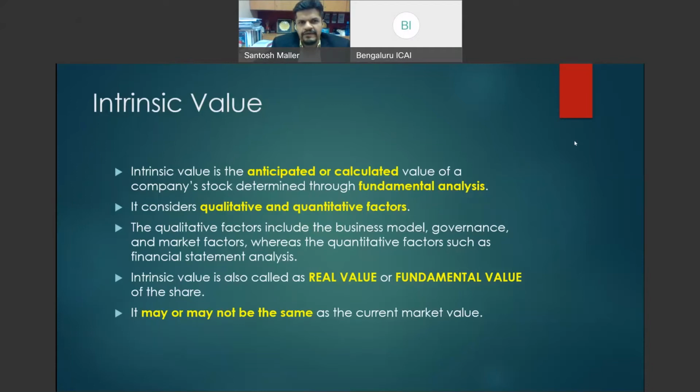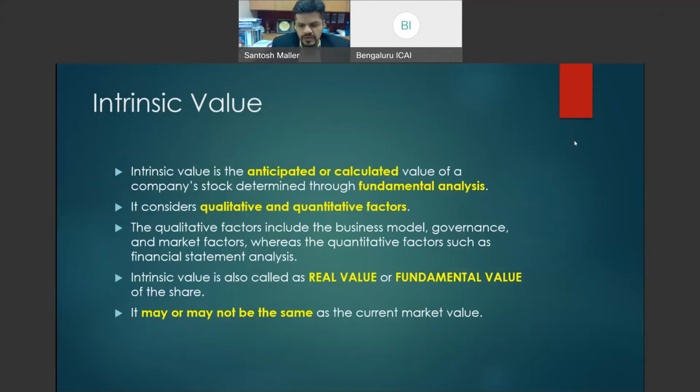Or let's say you are valuing a car company today, a motor vehicle car company, and you know for a fact that there is a shortage of semiconductor chips in the market today, because of which you may have the capacity and the market to manufacture as many cars as possible, but there is a supply side constraint, and because of which you may not achieve the numbers. In that case, it's an example of a qualitative aspect which has a big role to play in the quantitative aspect of the valuation. So as much as valuation is a science, it is also an art.